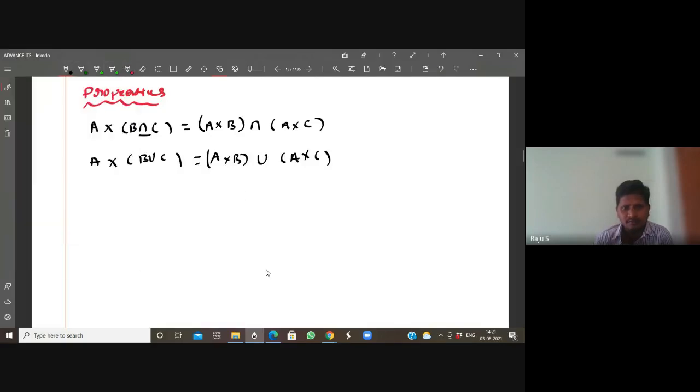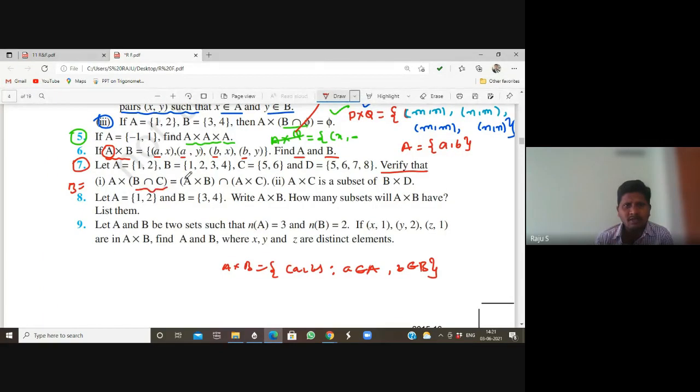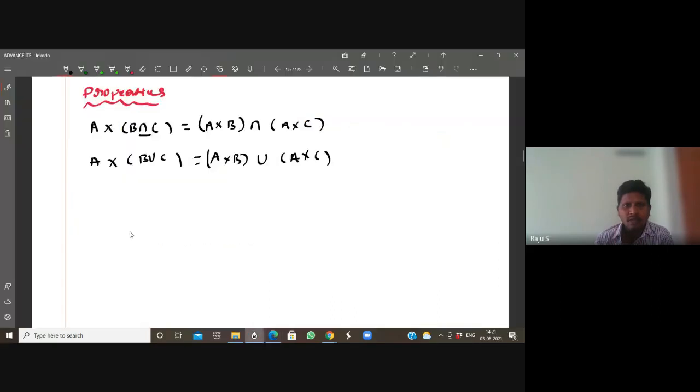Yeah, first question. All of you tell me, what is B intersection C? Common elements to B and C. Null. Okay, so here there is no common element. The first subdivision is whether A cross (B intersection C) is equal to (A cross B) intersection (A cross C) or not.